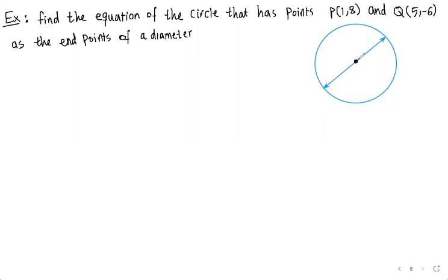Here is the center, because the diameter passes through the center. The first point P is here, for example, and the second point Q is here. How can we find the equation of the circle if they give me two points on the diameter?